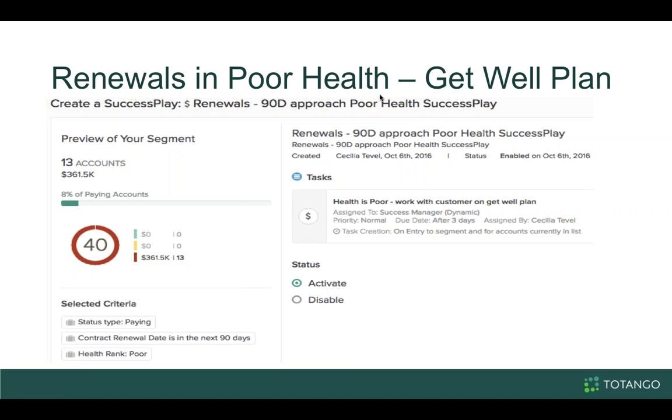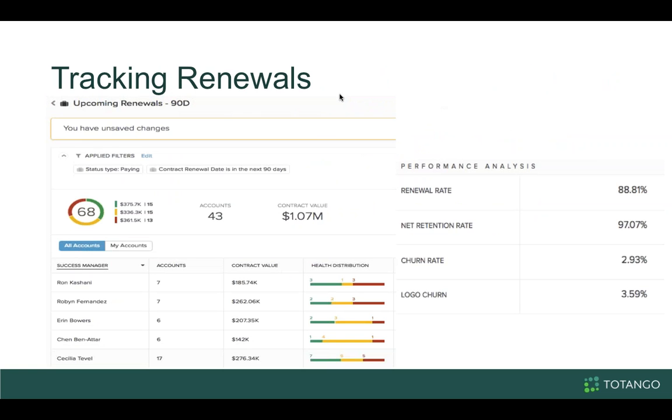What do you need to do with the customer? So that can be a success play. Whenever there's an account that comes into the renewal time frame and they're not in good health, there's going to be a task assigned through success plays to work on that. And the specific instructions for your team can be defined with the success play editor. So we'll talk about that as well.